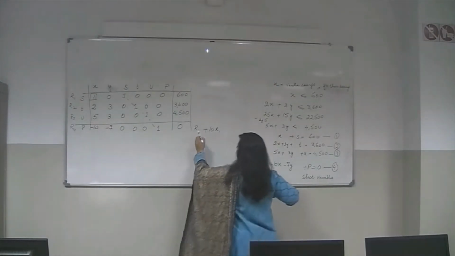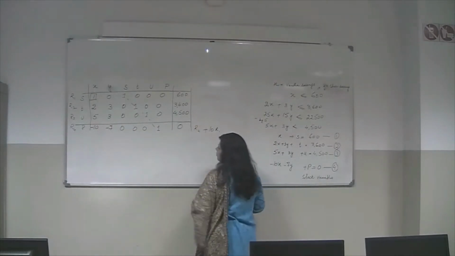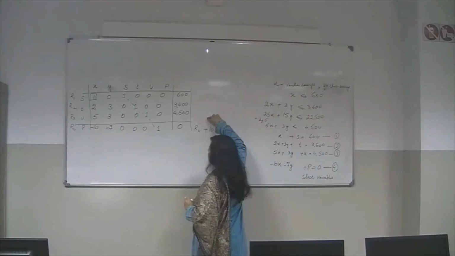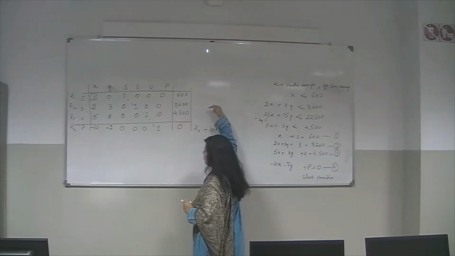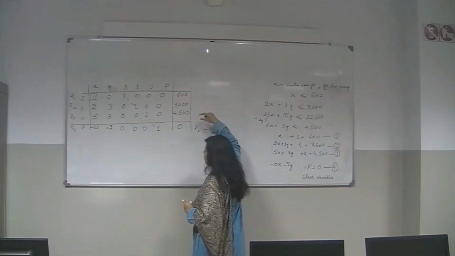Next, what can we put here so that when we subtract from the pivot column row, when it performs the function on this, it converts it into 0.